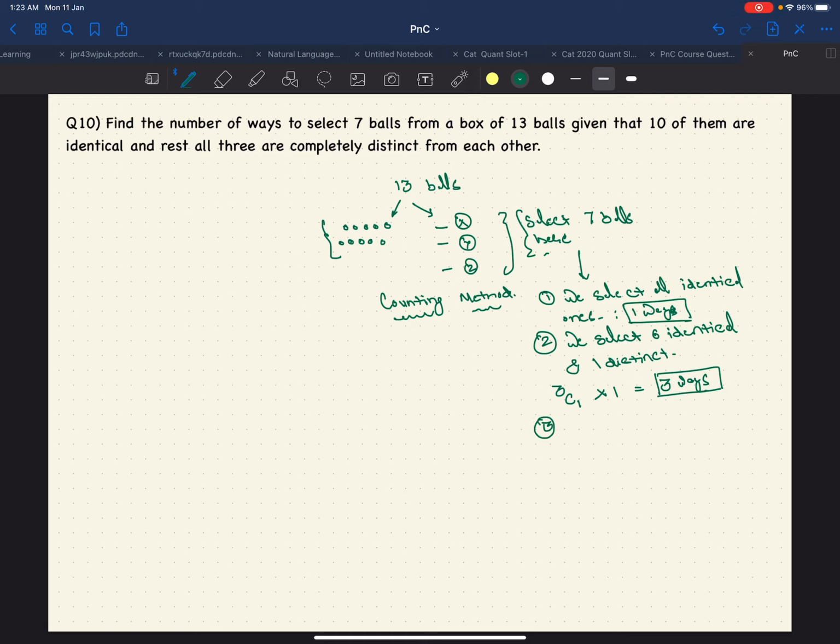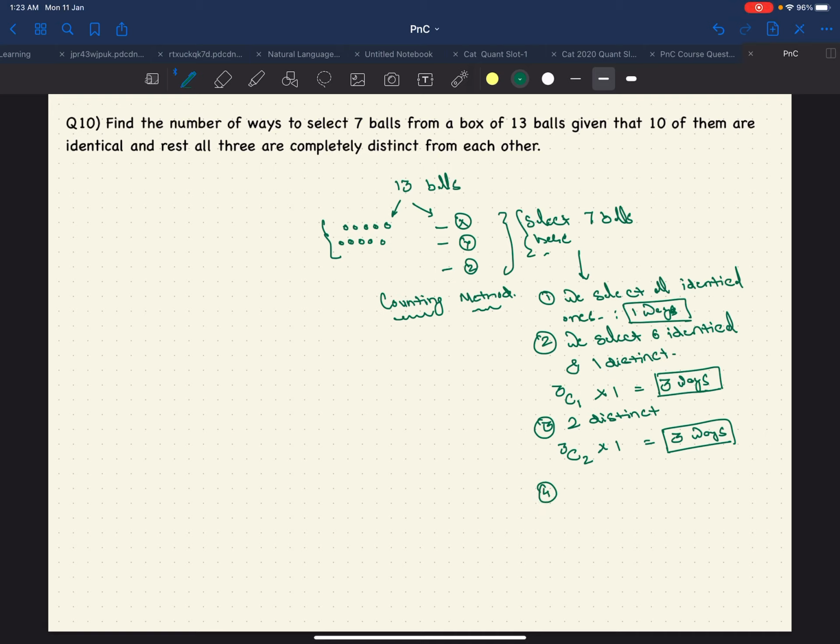Next, 2 distinct balls and one of the identical balls. So here we are selecting 2 out of these 3, X, Y, Z, and one of the identical balls. So again there are 3 ways here.